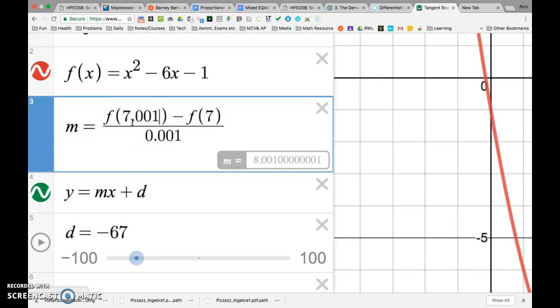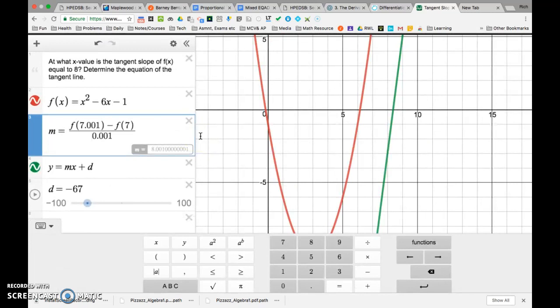So the question is, is that a small enough interval to approximate an IROC? Well, think about that. The run is only 0.001 wide. So clearly it is small enough in terms of width, or run, that you can use that as a tangent.